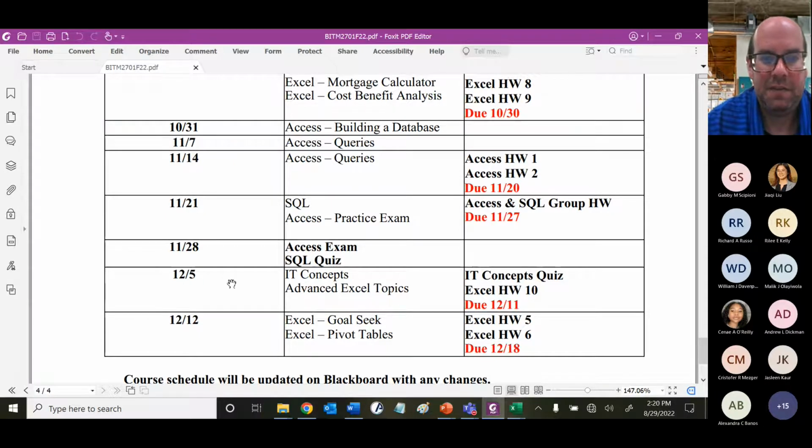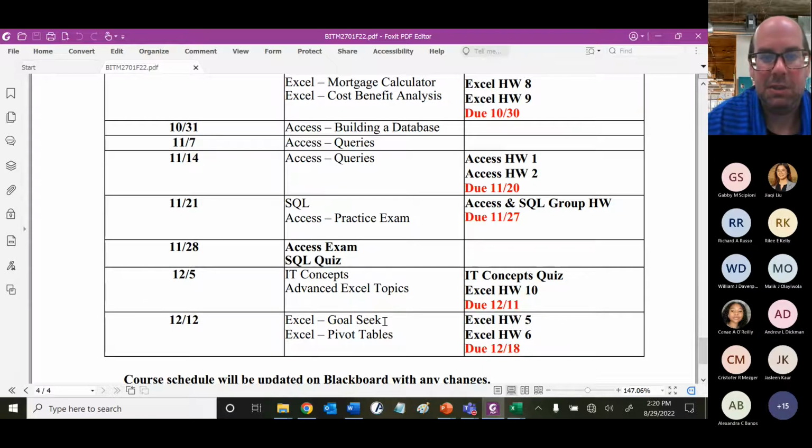And then the 5th of December, we'll go over that IT concepts PowerPoint I was telling you about. Basically, that day of classes would be what the previous 3rd exam has been in my previous courses. But in this case, you just do the IT concepts quiz and the homework assignment associated with it.